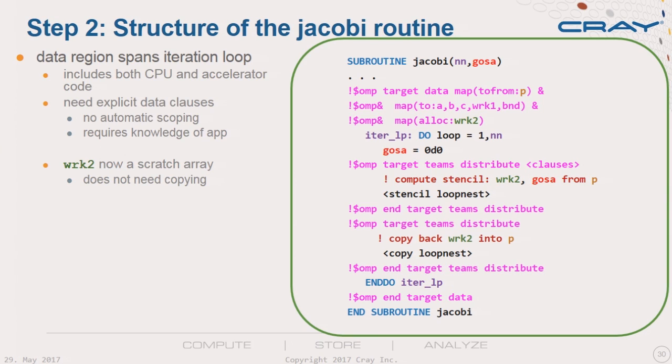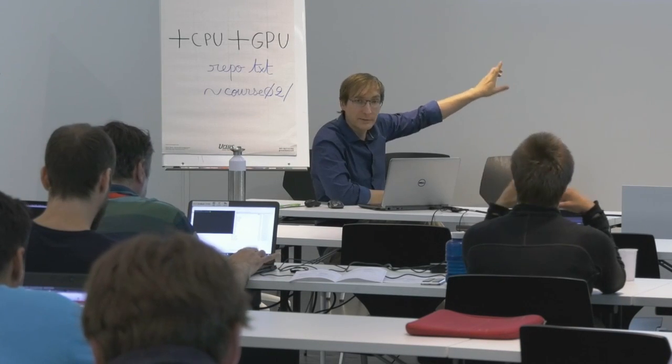But I would suggest it's easier and more safe to leave them in, since when we now move the data region out of this function into another function, we maybe want to call that Jacobi function from a different point of our code. Could be that there's no data region within there, and then we can be sure that our data scoping is still correct, leaving it there.